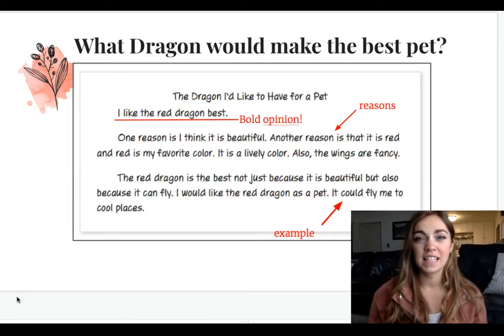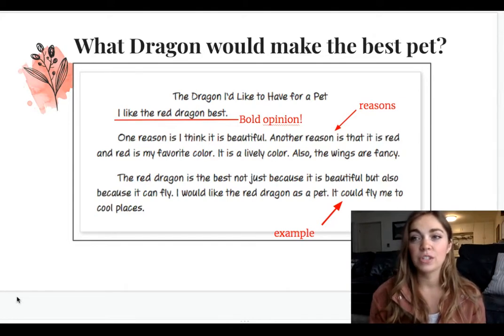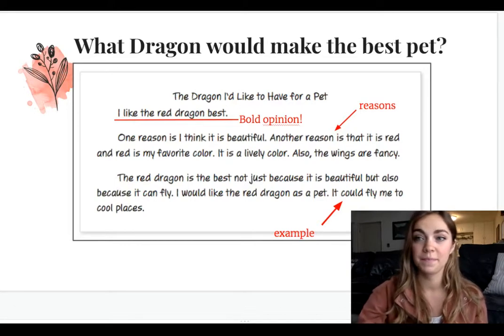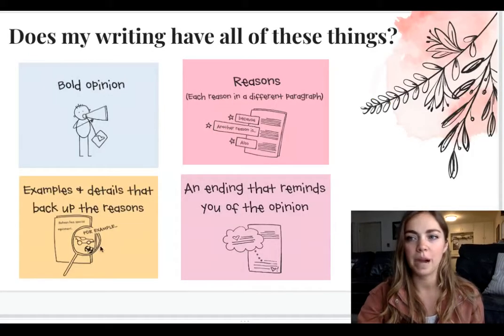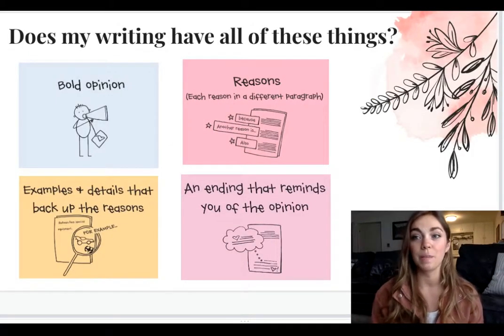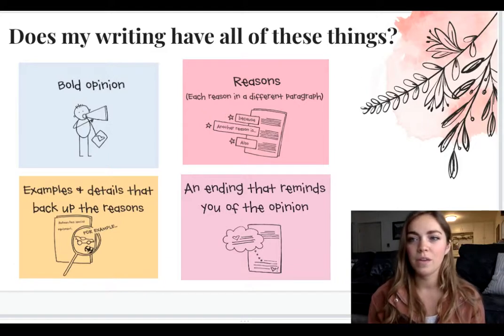All of these things that I added to Charlie's writing just strengthen the writing and help it become a little bit more convincing. Today, I want you to work in a way that shows all of the powerful things we now know about strong opinion writing. Again, we know that opinion writing has a bold claim.